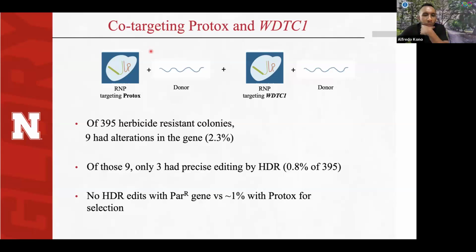But one guide has to target Protox, and one guide has to target WTTC1 or whatever your gene of interest is. And your donors also should carry the specific base changes you want in your gene of interest, so the donors will be different: a donor for Protox and a donor for the gene of interest.